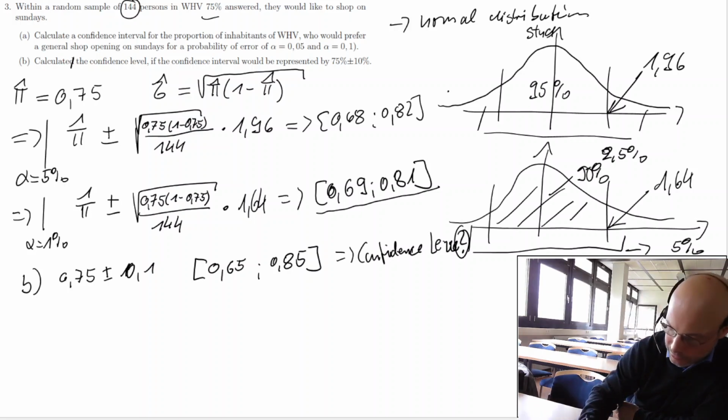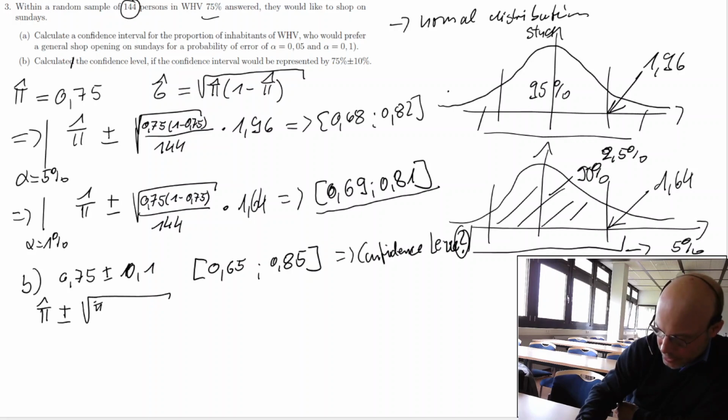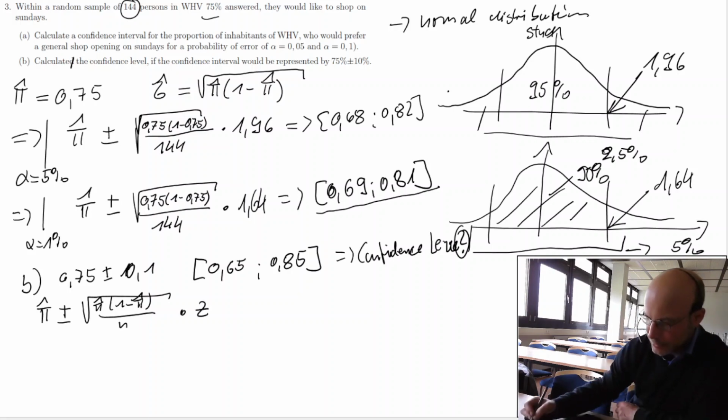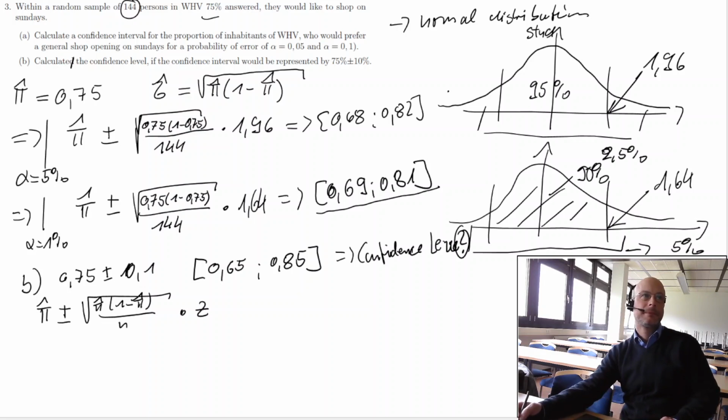So in general, we have p hat plus minus square root of p hat times 1 minus p hat over n, times z. This represents, in general, our confidence interval.